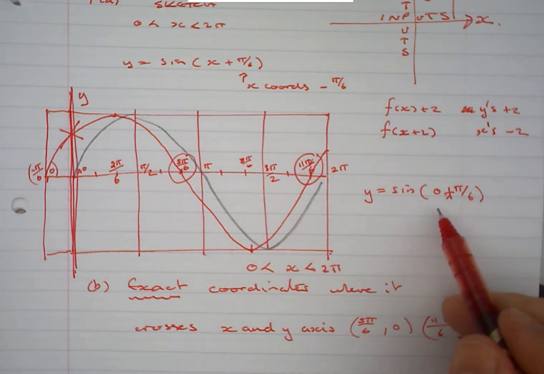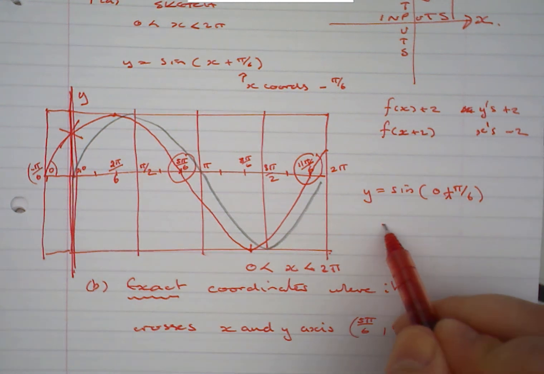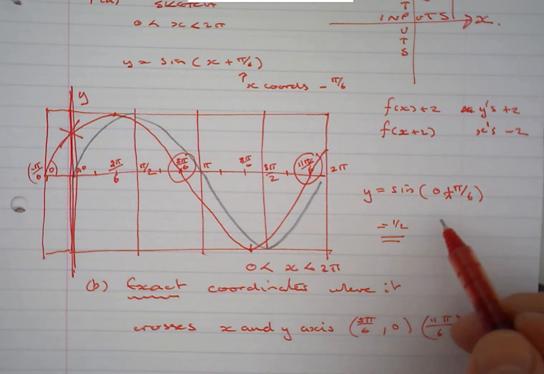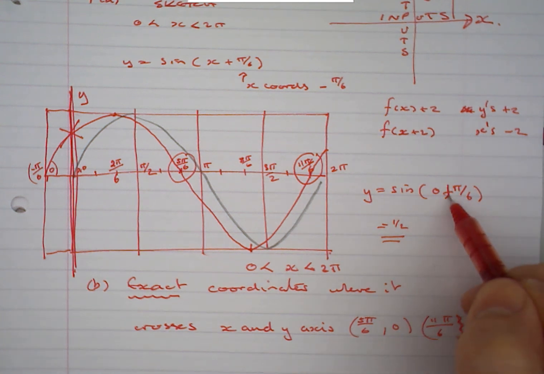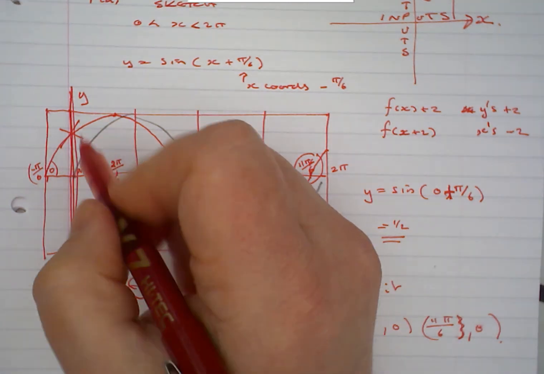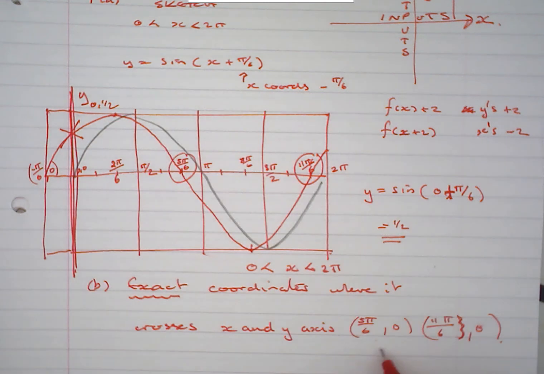If you put this into your calculator, making sure your calculator is in radians, you actually get a half. But hopefully a lot of you just remember that pi by 6 is 30 degrees, and so really you're just doing sine 30 degrees, which is a half. So this point here must be 0, a half.